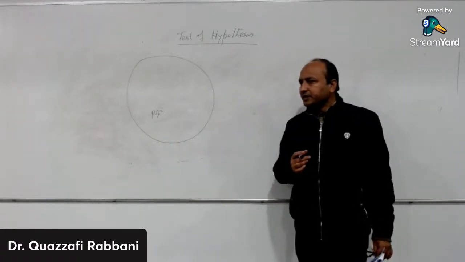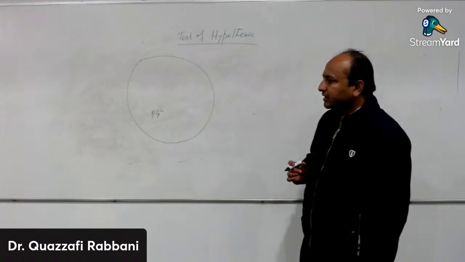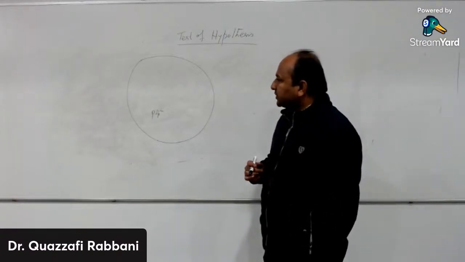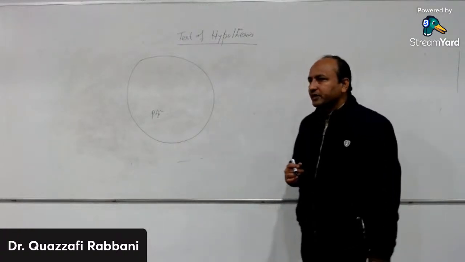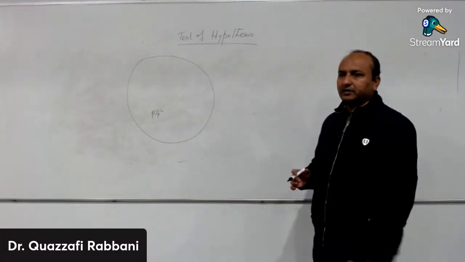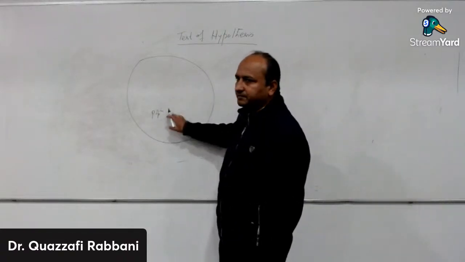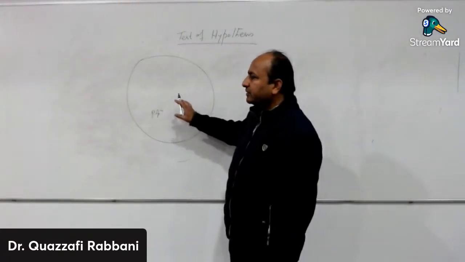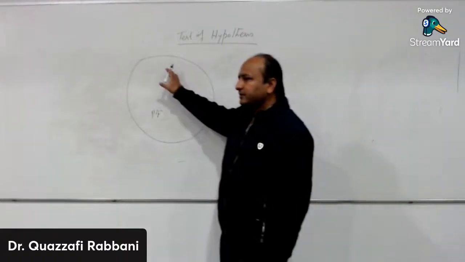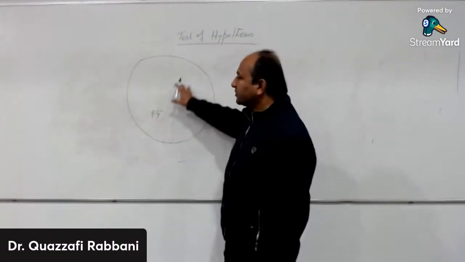What is our objective? I want to know the average height of the students of Integral University. So the entire collection of students of Integral University is our population, whose height we are going to measure. This is the collection of the entire units, and this is known as the population.